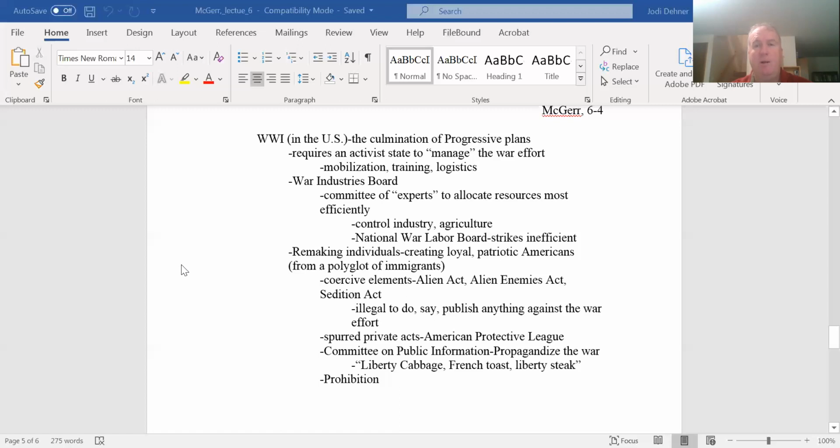So instead of going on strike if the workers are feeling mistreated, they can go to the National War Labor Board and say, this company's mistreating me. And so that board would hear the complaints and then could compel the companies to meet the workers' demands, or could say they don't have a case, right? But they're empowered to be an arbiter in this dispute.